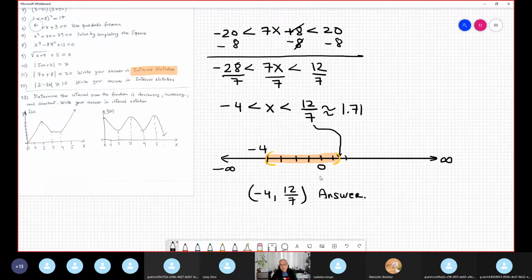Any question, guys? One piece, less than, always gives me one piece. And greater than gives me two pieces. Any question? Everyone follows me? No problem.